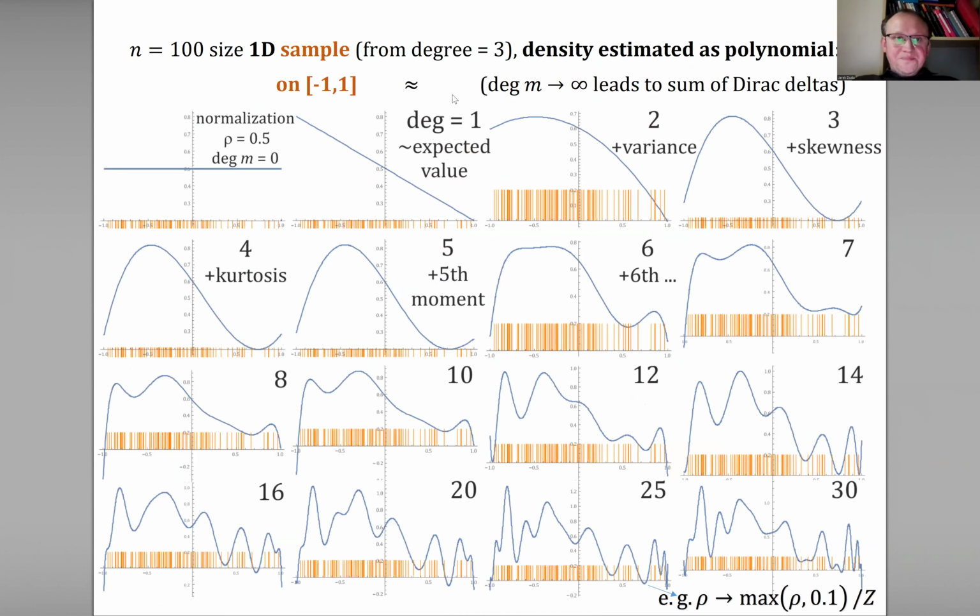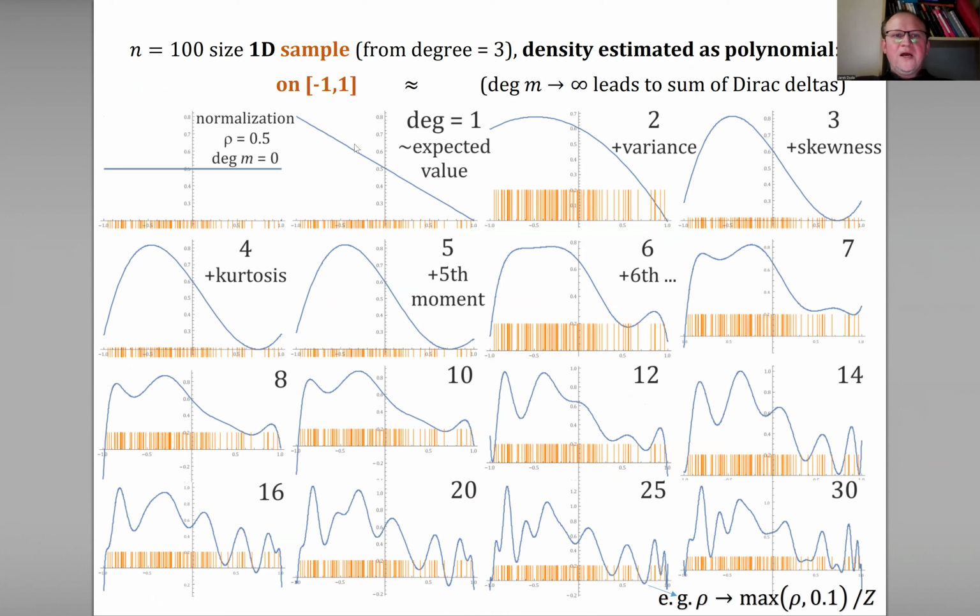Here is a one-dimensional example. We have the sample with the orange points. Here we try to fit an order 1 polynomial, so it only needs the expected value. Expected value allows us to choose this function. Earlier, having no information, you can just assume a uniform distribution.